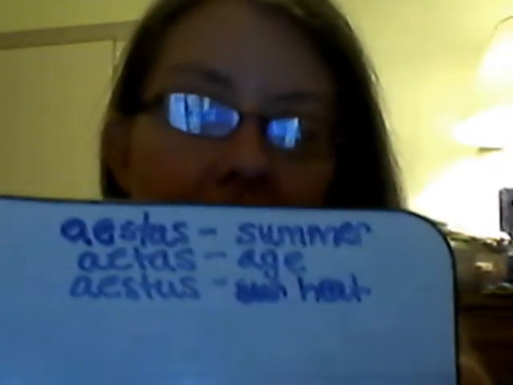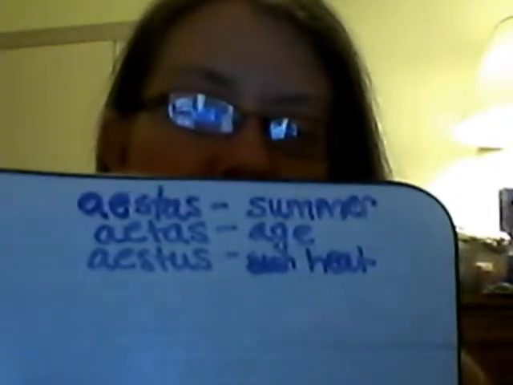It might be confusing, but I will write them down so when you see them, you can know the difference, because I'm telling you now. You can see how the first one and the second one are very similar. So, here we go. Aestas is summer, aetas is age, like age, time, that kind of thing. Aestus is heat. Very similar.